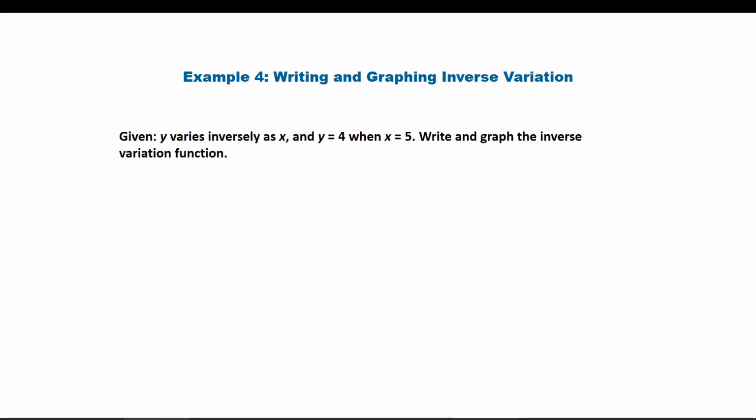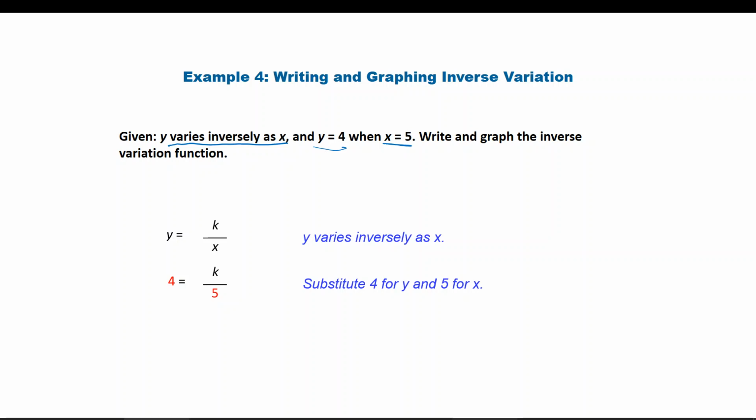Okay, so let's do an example involving inverse variations. It says given y varies inversely now as x. So the first thing we want to do is notice that y varies inversely as x, so that's going to look like this: y equals k over x. Now notice they're going to give me both y and x, so the first thing we have to do is solve for k.